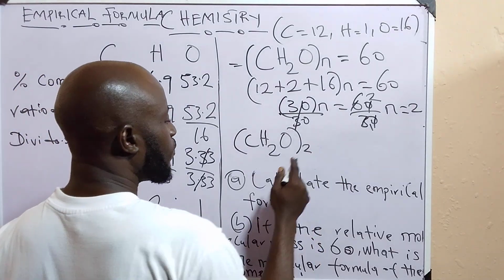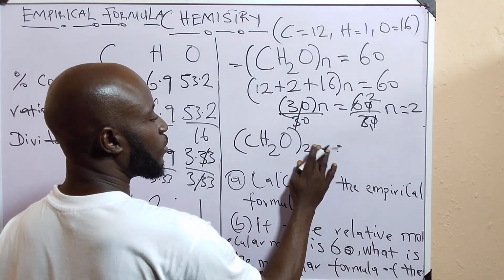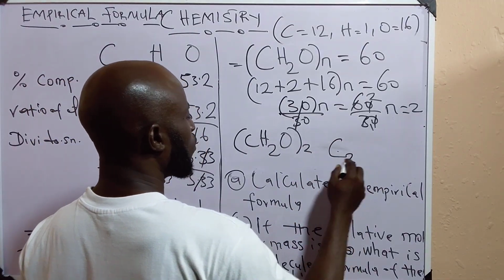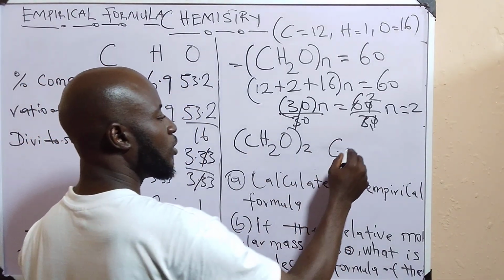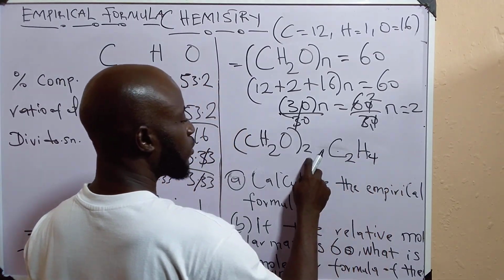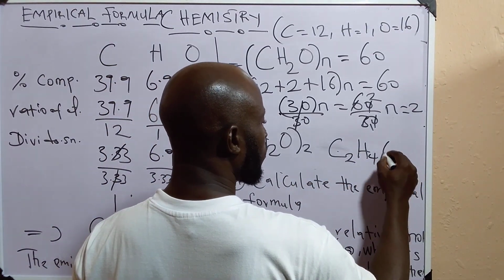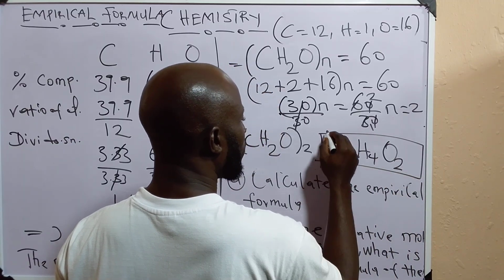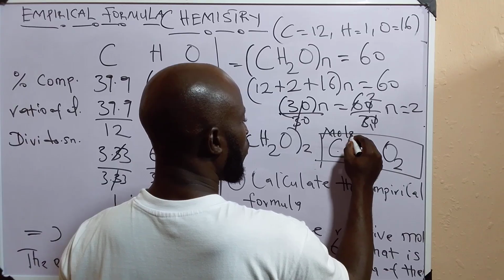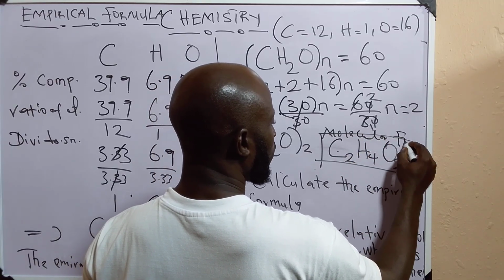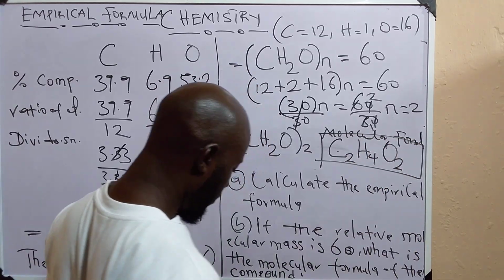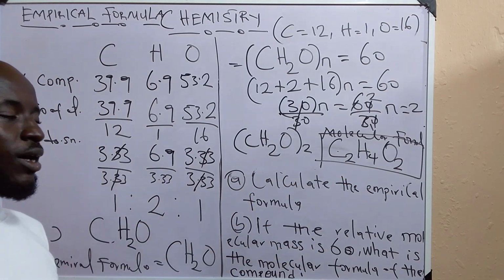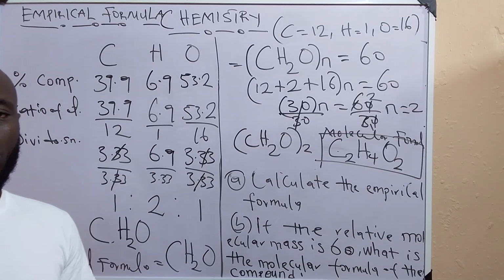Are we there? 2 times C is C2. 2 times 2 is 4, H4. 2 times oxygen is O2. So this is the molecular formula. That is how to find your empirical formula and molecular formula. It's C2H4O2. Thank you.